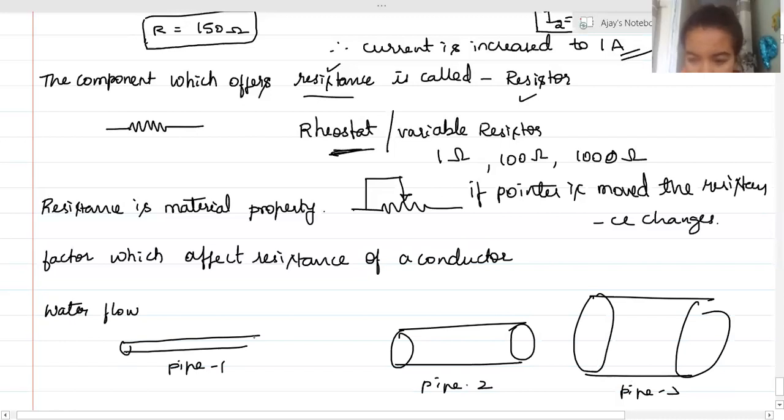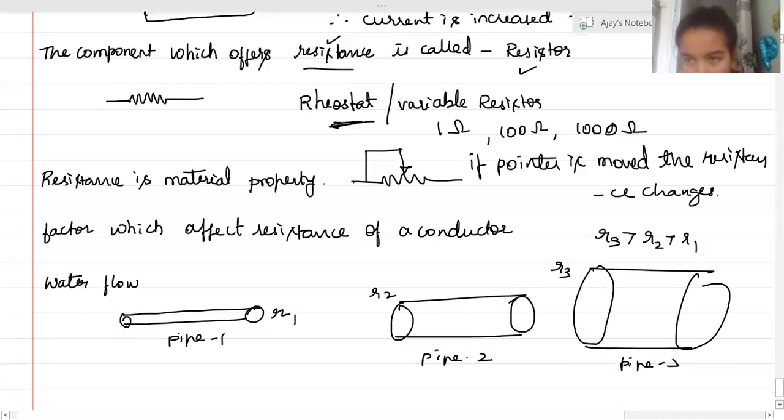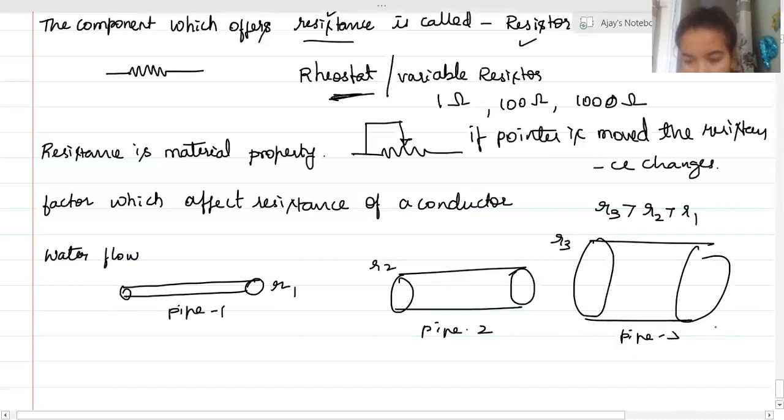It's bigger. R1, R2, R3, and the areas A1, A2, A3. A3 is more than A2, more than A1.